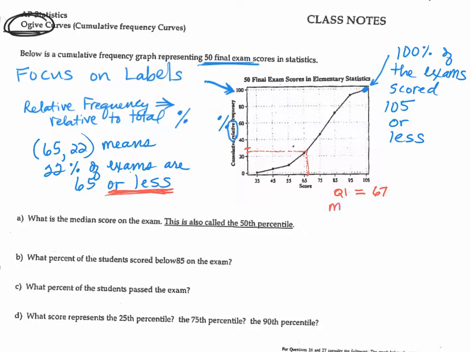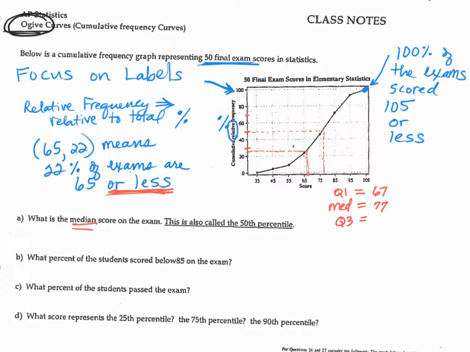Okay, find the median, which is actually what question A is asking. That is the 50th percentile. So find that. Let's guesstimate that value. Let's say about 77. Okay. How about Q3? Q3 is going to be what quartile? 75th.